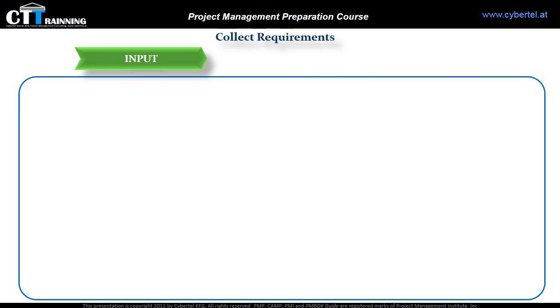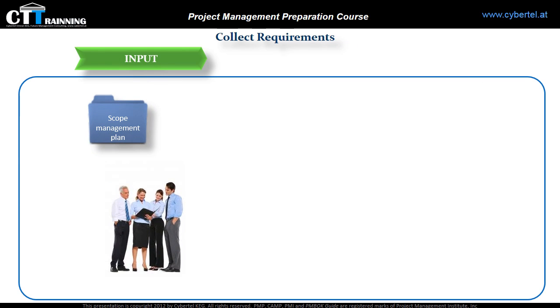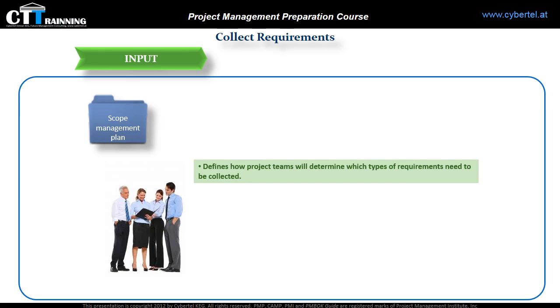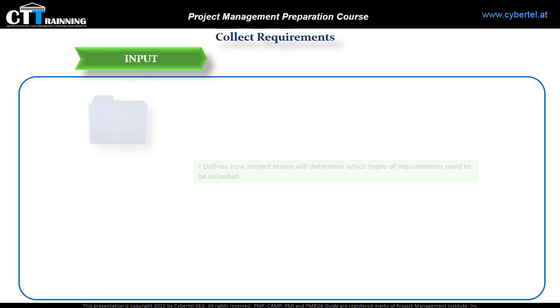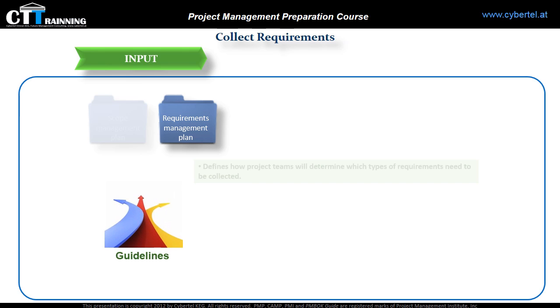The first input is the scope management plan. The scope management plan defines how project teams will determine which types of requirement need to be collected. We need also the Requirements Management Plan. The Requirements Management Plan is a guideline.